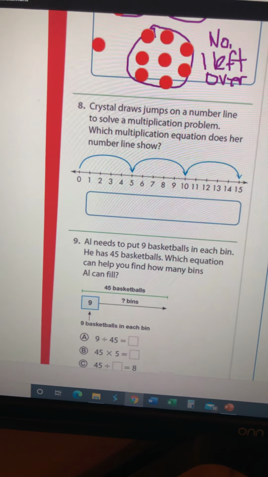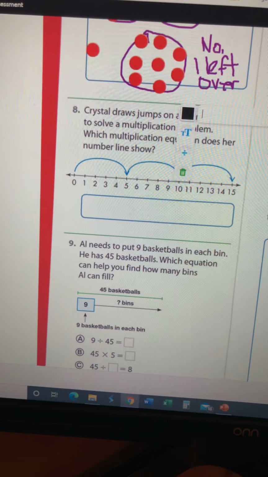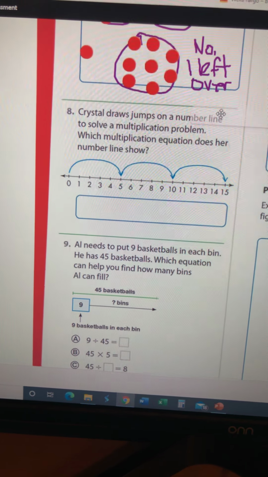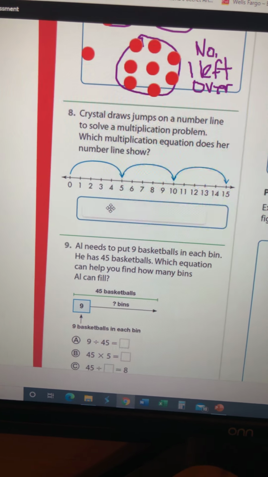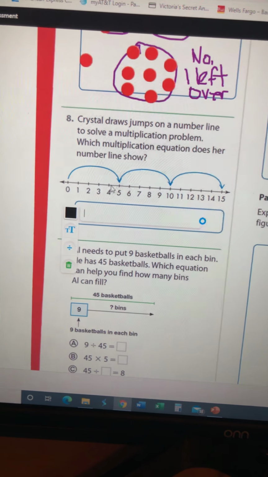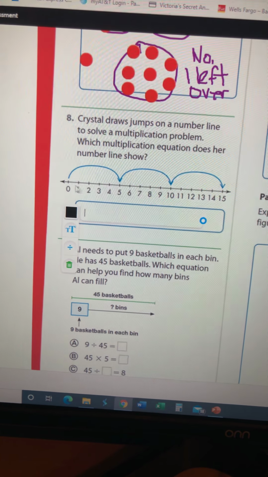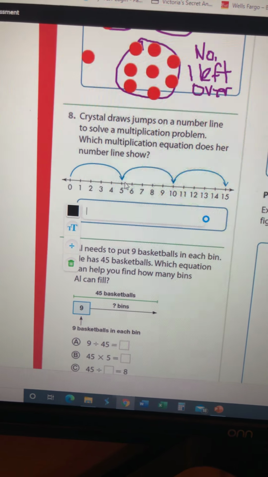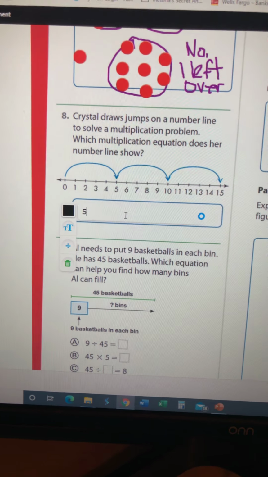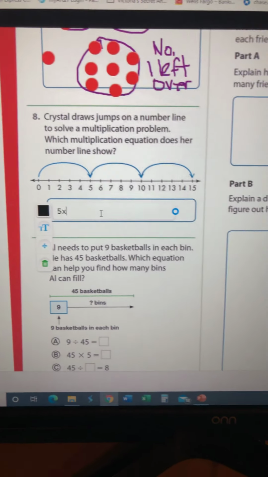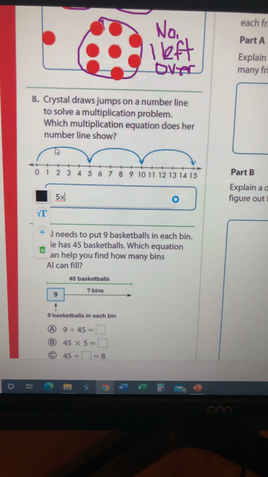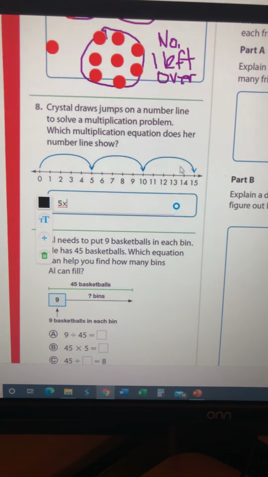Okay, so what you have to do is you have to count 2 things. You're going to count the jumps and the numbers in between. I can see that we are landing on a 5. So this is going to be 5 times something. How many jumps? 1, 2, 3.